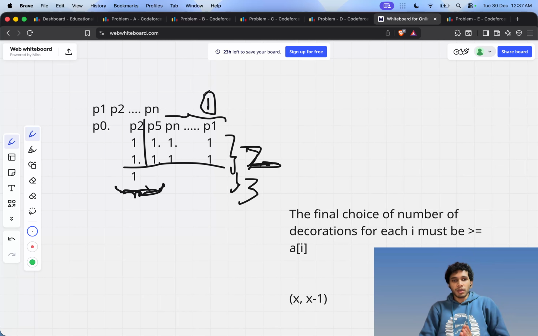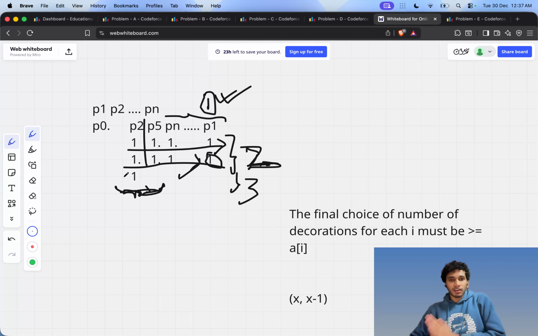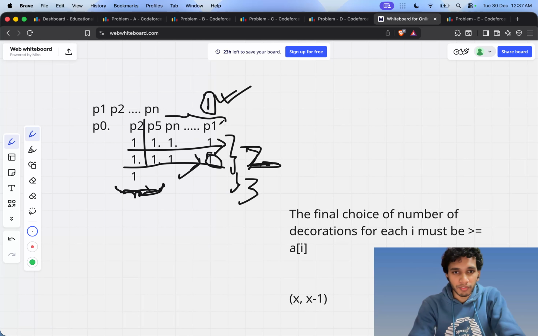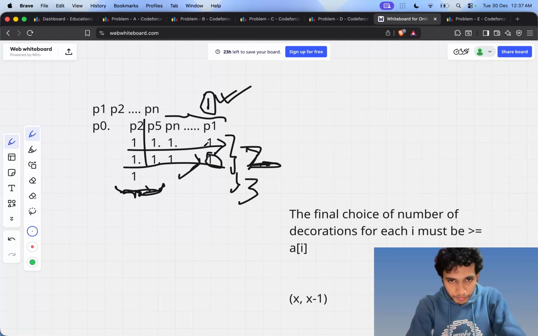So is it possible to have such an iteration? This iteration is complete. This iteration stops here, because P1 has already chosen one decoration, so it cannot choose in the second iteration. Now in the third iteration P2 chooses, but the third iteration cannot start before P1 has chosen, because they are going in order.